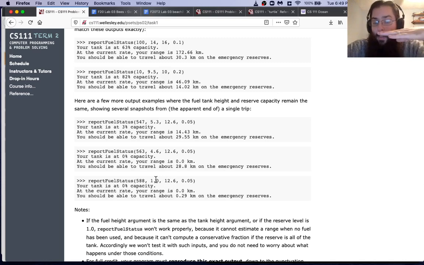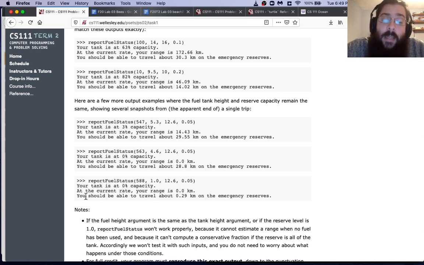So we've only got 1 centimeter of fuel remaining out of 12, and 0.05, so 1/20th as the reserve amount. It should report the following. Line 1, your tank is at 0% capacity, right? It's not really at 0, there's still a centimeter of fuel, but we're reporting that conservative fraction, which has made it down to 0 because we're eating into the reserves. And then line 2, at the current rate, your range is 0.0 kilometers. Again, reporting based on that 0% capacity, which is the fake value.